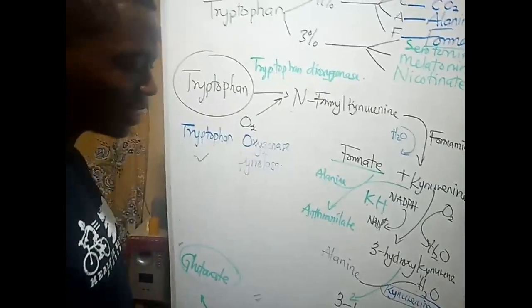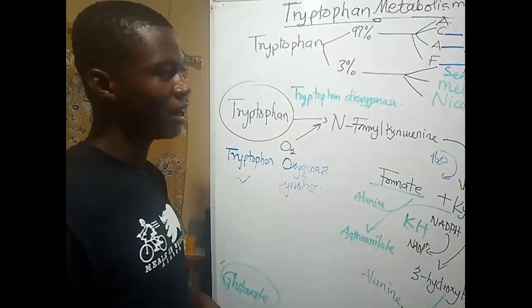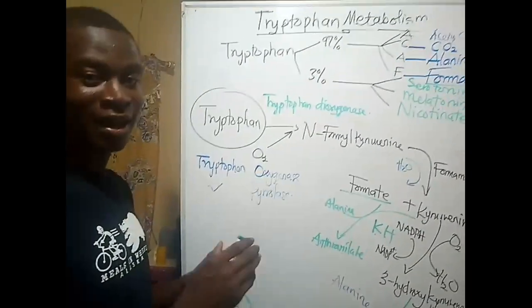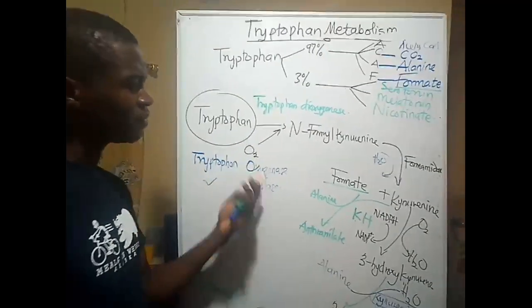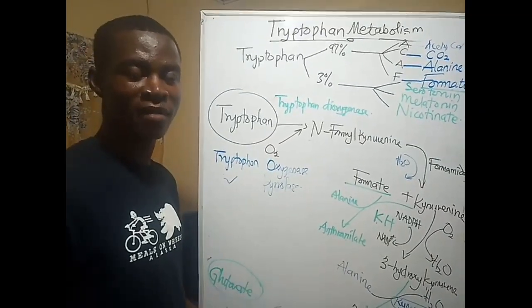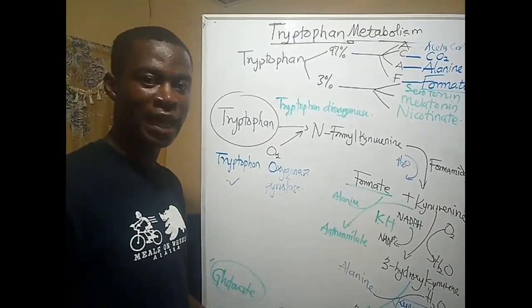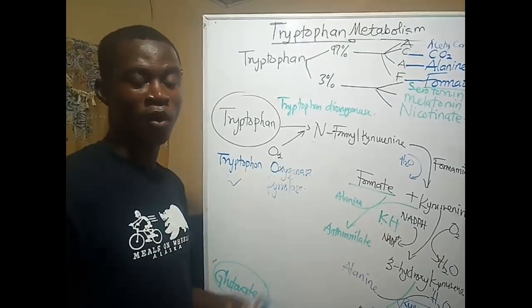Now, let's go ahead and look at some of the important derivatives and then the clinical correlates as a result of lack of specific enzymes of this pathway. Now, tryptophan is necessary to produce about 50% of the body's pyridine nucleotides, and then the remaining 50% we get from diet.